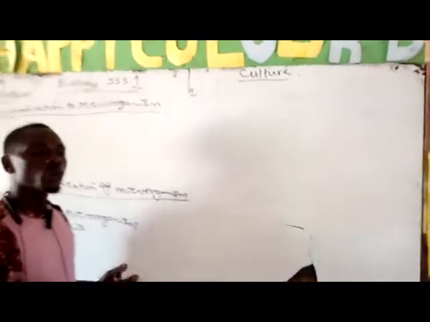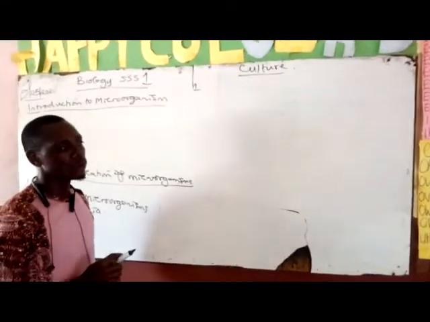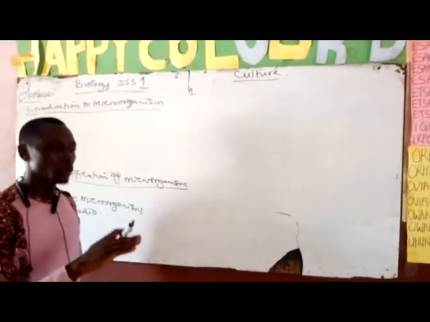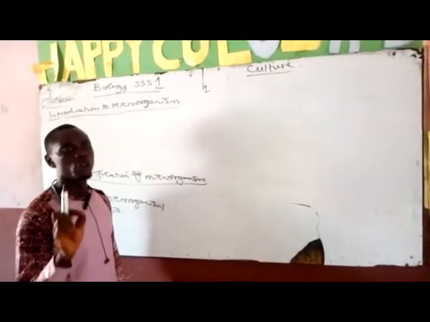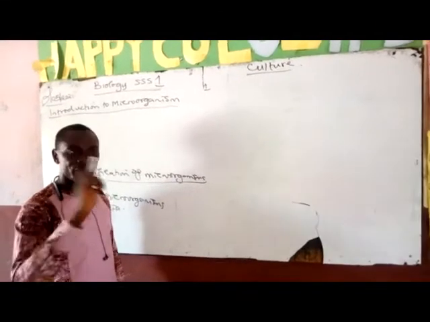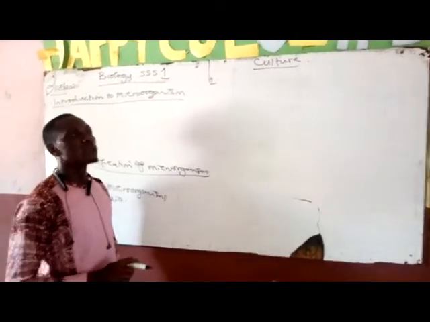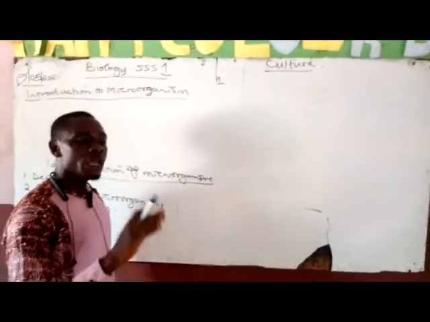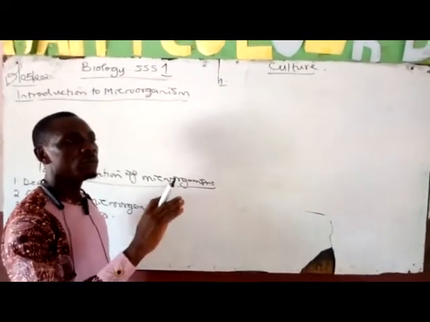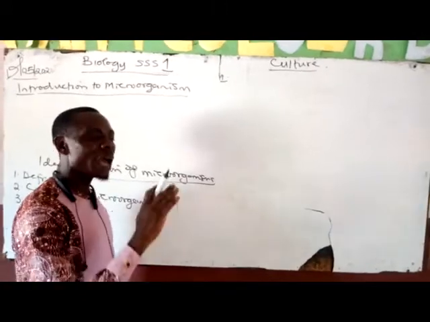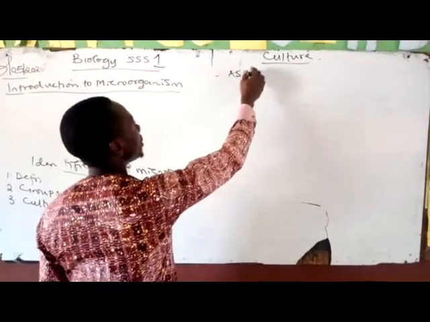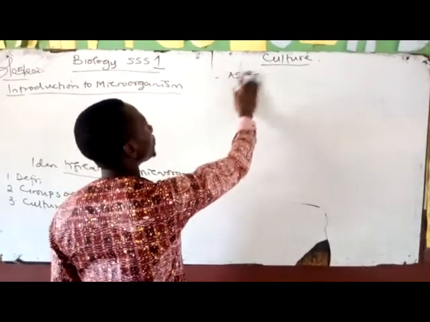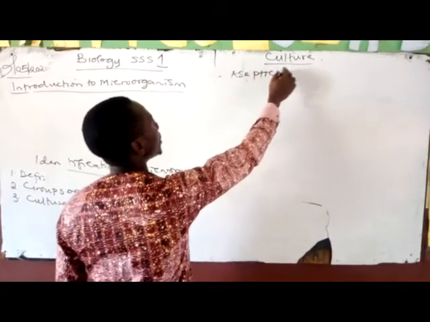Now, for you to make a culture, you have to make it in a place that is very sterile, devoid of all unnecessary contamination, so that if you're growing a particular species of microorganism, other organisms cannot infect that particular environment. So the process by which a particular culture is maintained under a hygienic or sterile condition is what we refer to as aseptic technique.